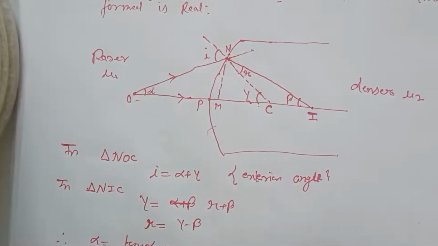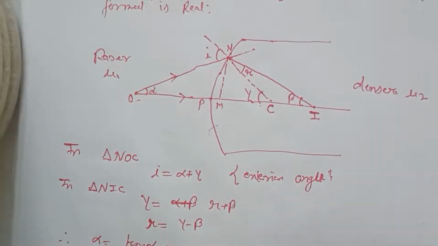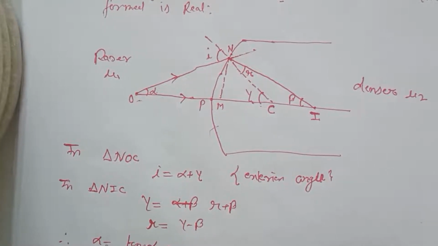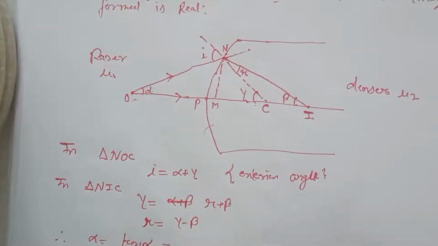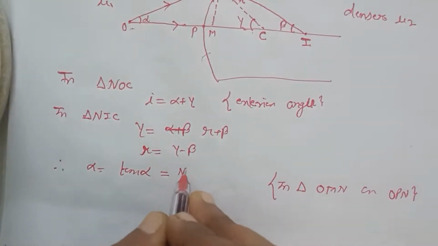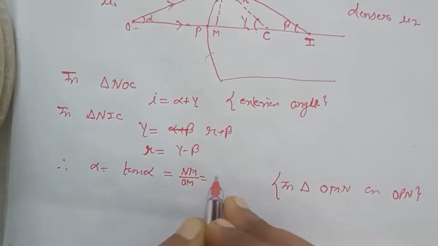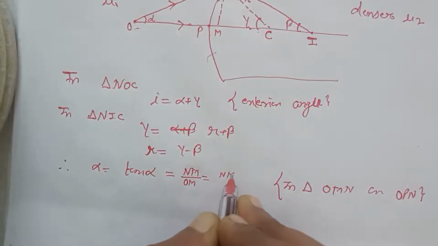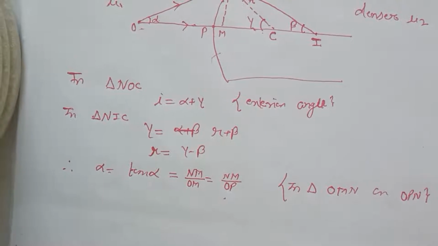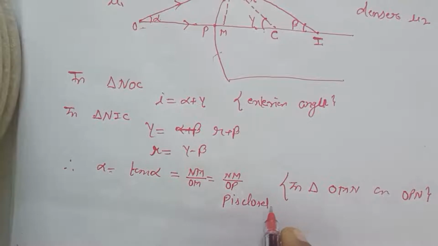In triangle OMN, tan alpha equals perpendicular NM upon OM. This can be written as NM upon OP, because P is close to M.